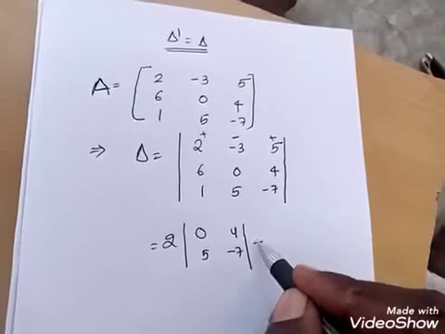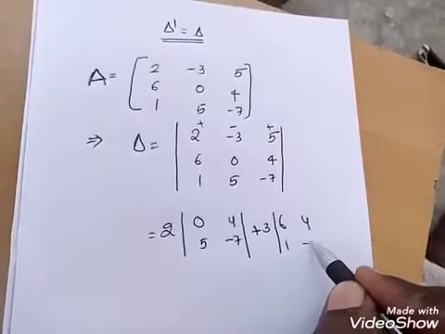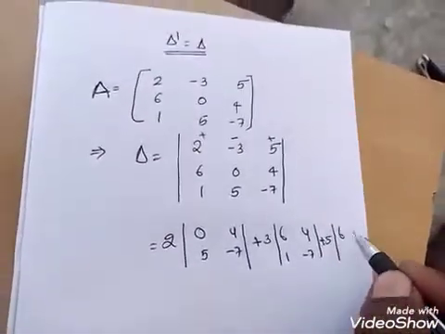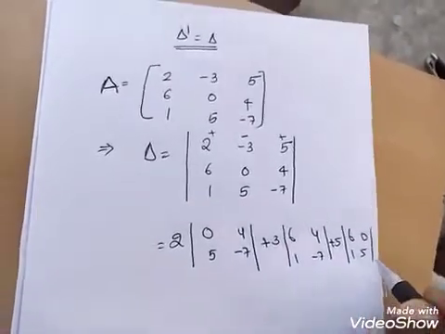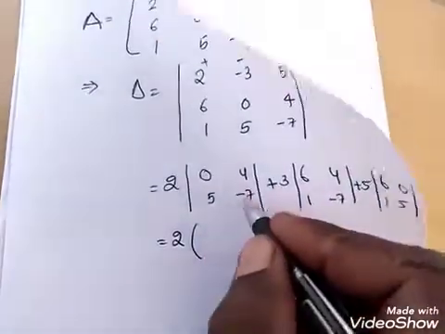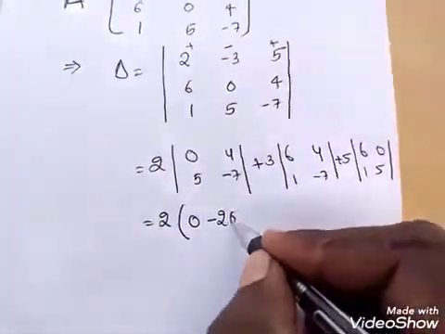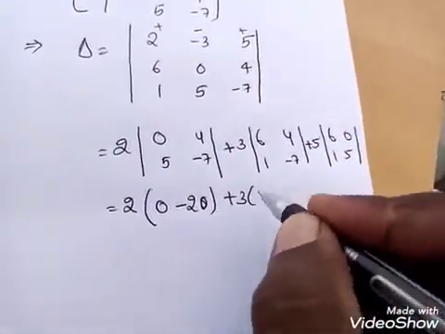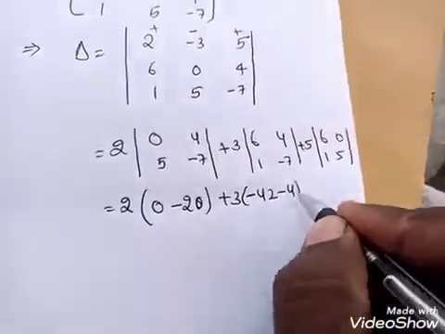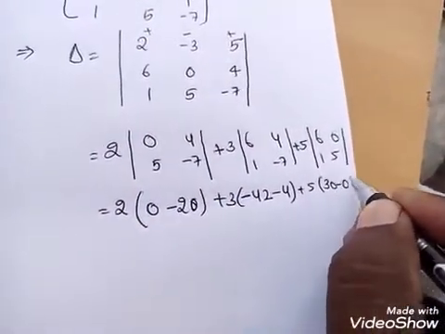Minus into minus, plus 3 into, remove that row and column, 6 4, 1 minus 7, plus 5 into, remove this row and column, what are you going to get? 6 0, 1 5. Now expand this one: 2 into 0 into minus 7 minus 4 into 5, that is 20, plus 3 into 6 into minus 7, that is minus 42, minus 4, minus 46, plus 5 into 30 minus 0.